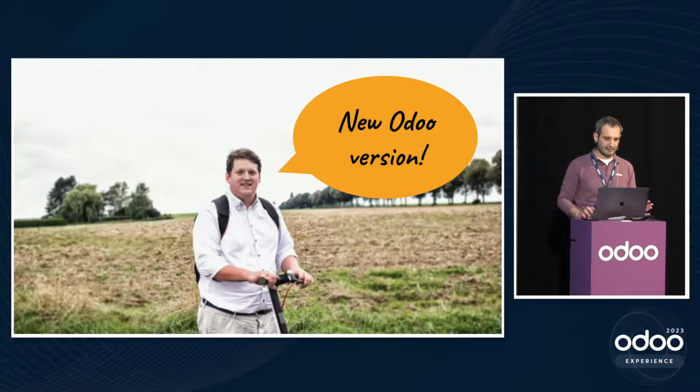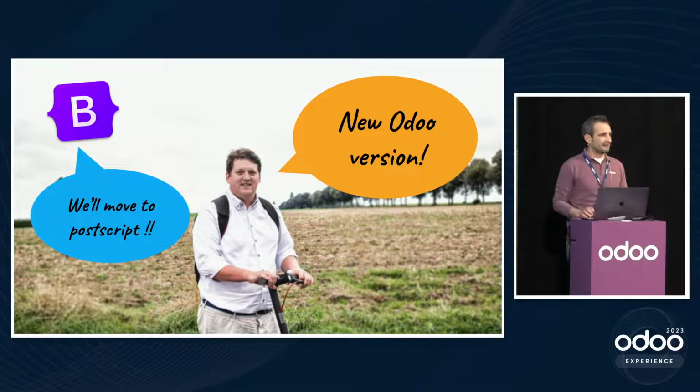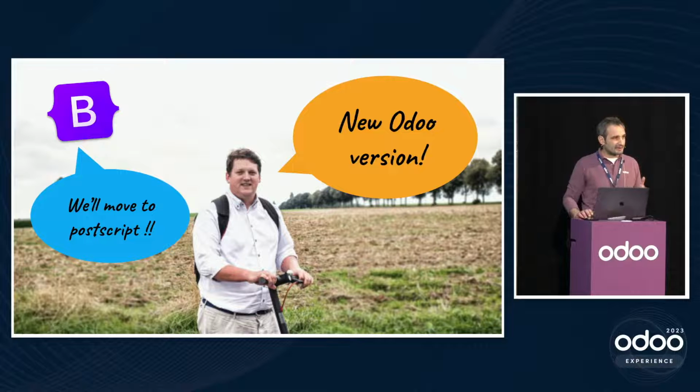And then this happened. There is a new version of Odoo, or maybe Bootstrap moved to a new version. There is innovation and change, and this is normal. This is actually good, because change means new possibilities and new ways to improve your code, but you are stuck because you still rely on a lot of CSS overrides that are difficult to maintain and scale, and it's difficult to move forward.